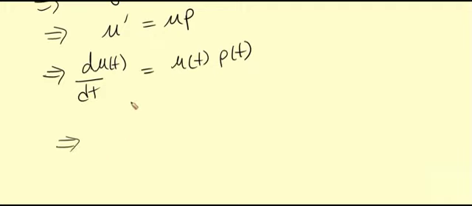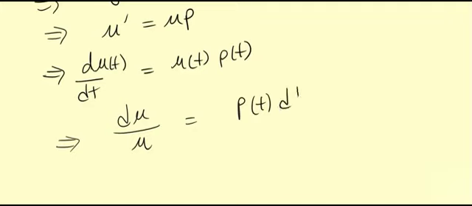So using that idea, you can have d mu by mu equals pt dt. Now we want to find mu, because mu was an unknown function. So we just have to integrate on both sides to find mu.